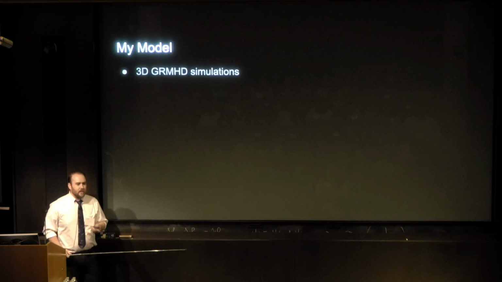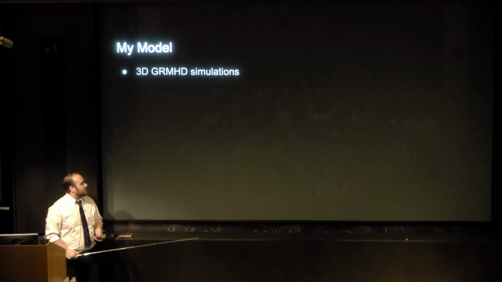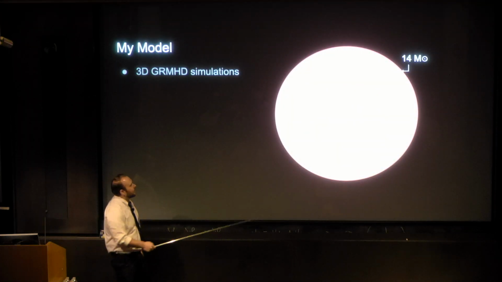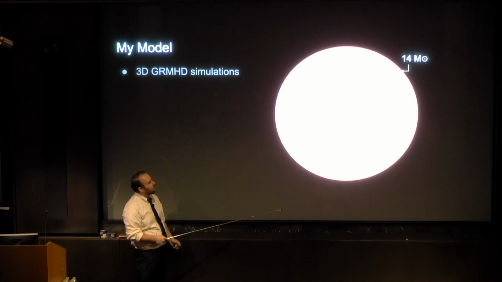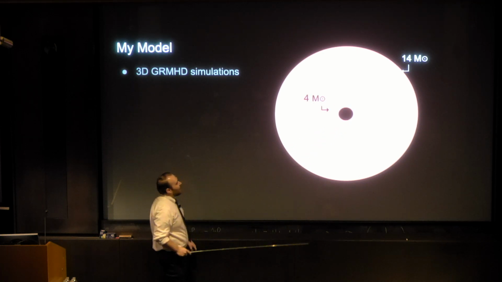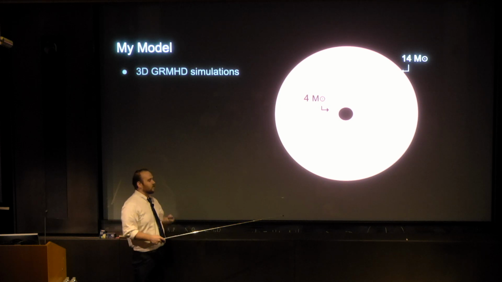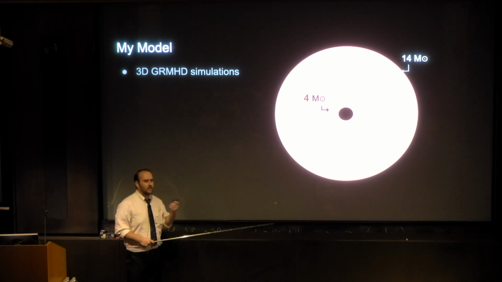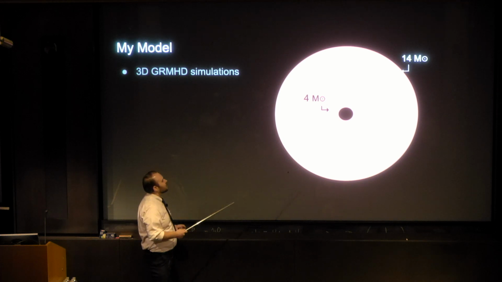I ran 3D GRMHD simulations of collapsars. We start with a 14 solar mass stellar envelope that collapses into a 4 solar mass black hole. We used Wolf-Rayet stars, or rapidly rotating stars, so the stellar envelope is much thinner than would be in a typical star this mass.